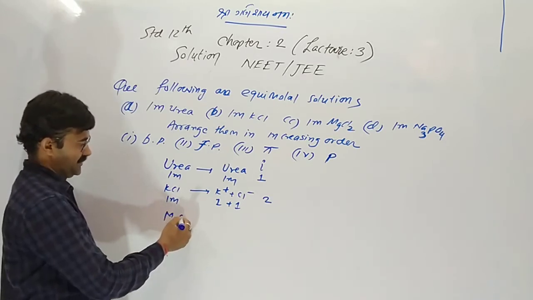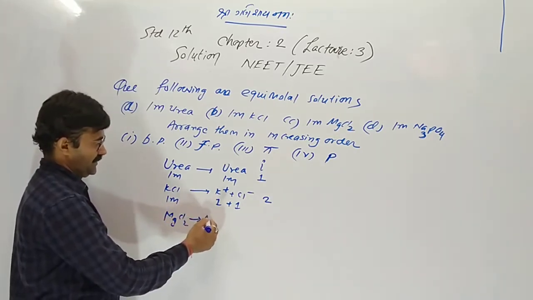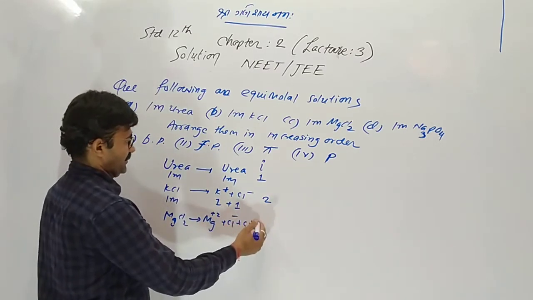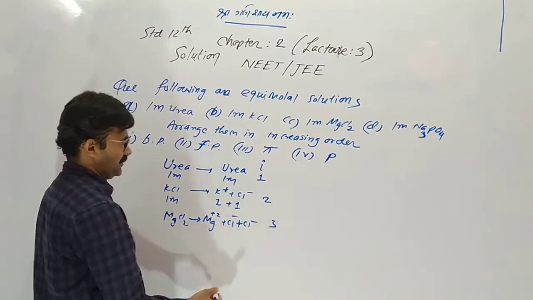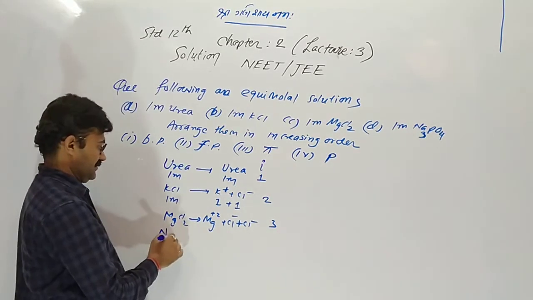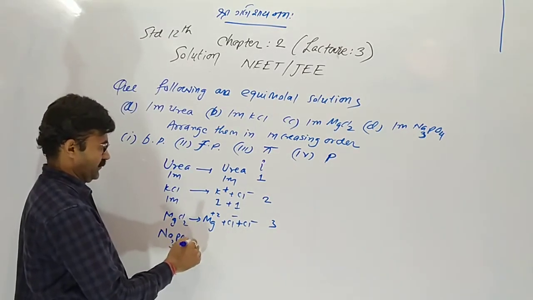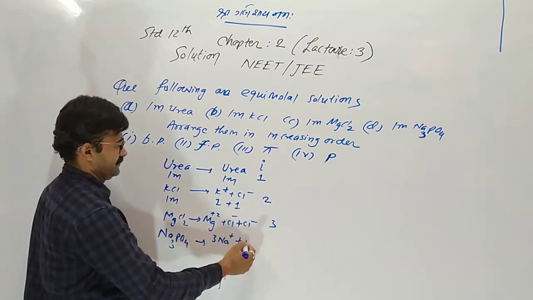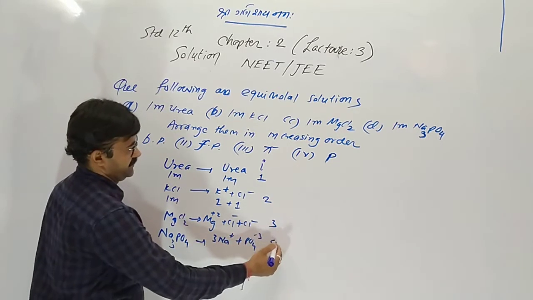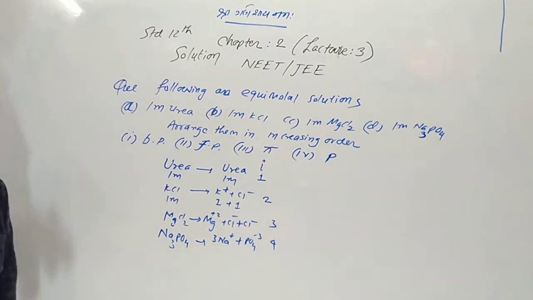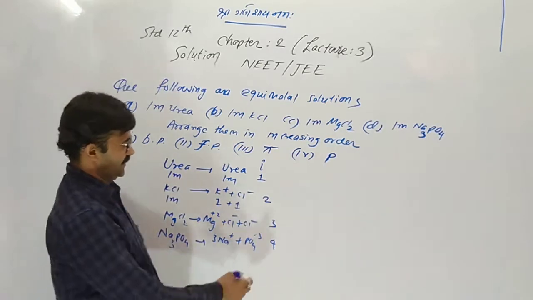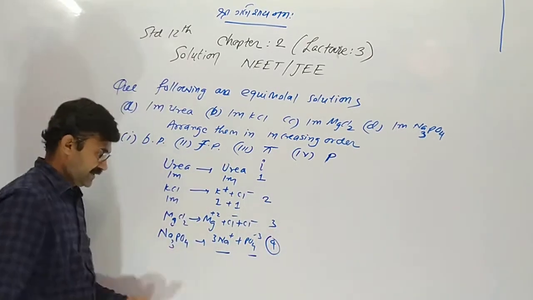For MgCl2, it gives Mg 2 plus and 2 chloride, factor 3. For Na3PO4, 3 Na plus ions and 1 phosphate, here the factor is 4. Understood? Value of i is here 4. Why? It gives 4 ions.